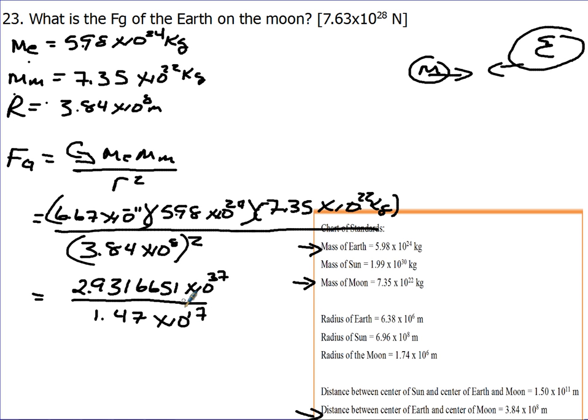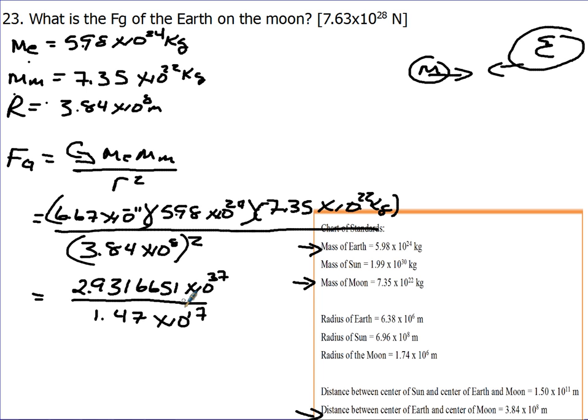So let's see if I did that. 2.931661 times 10 to the 37th divided by 1.47. I'm getting a very different number. What did I do wrong? Let's see. 3.84 times 10 to the 8th. I've got the correct speed, mass of the Earth, mass of the Moon. Let me rerun my numbers.